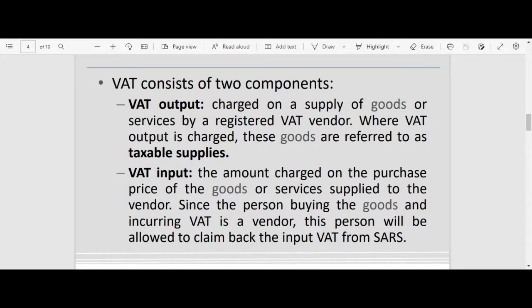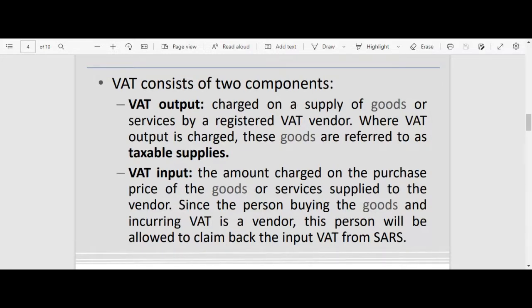Exempt, maybe I should type it there. I will put it in an extra slide there. Exempt supplies. So you get taxable supplies and exempt supplies.